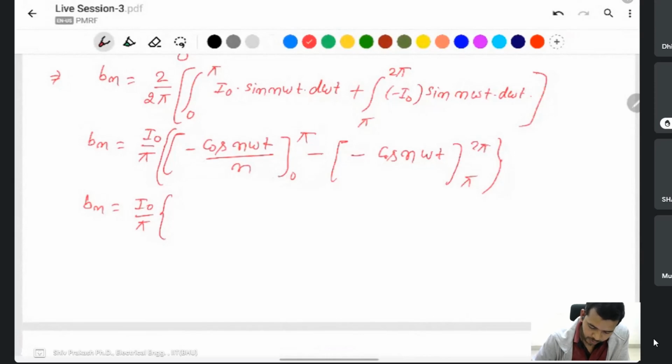You put the value nπ here, and n is common, so we put 0 here.